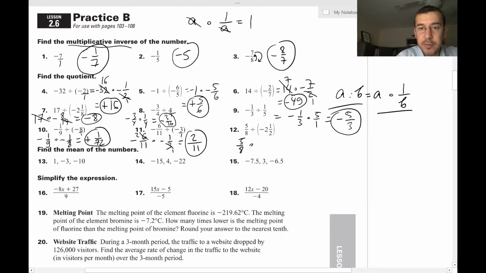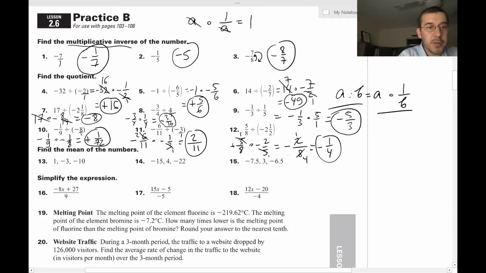Plus 1 is 5, so this is -5 over 2, so it's going to be -2 over 5. 5 and 5 cancel out, so we have plus times minus is minus, and then 2 times 1 is 2, and then 8 times 1 is 8. -2 over 8 or -1 over 4, right? Cancel out by 2, so we have -1 over 4.